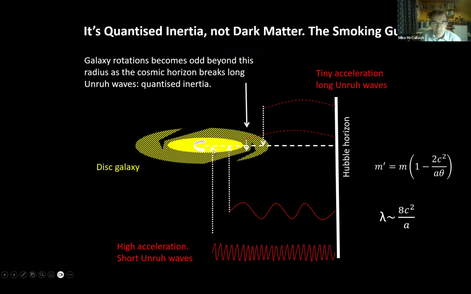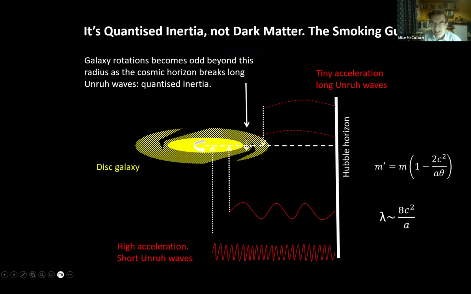If you look at a galaxy and you look at the center, the acceleration is high. So the Unruh waves are short, and I've shown that down here with these short waves. As you move out to higher radii, the accelerations reduce and the waves get longer.